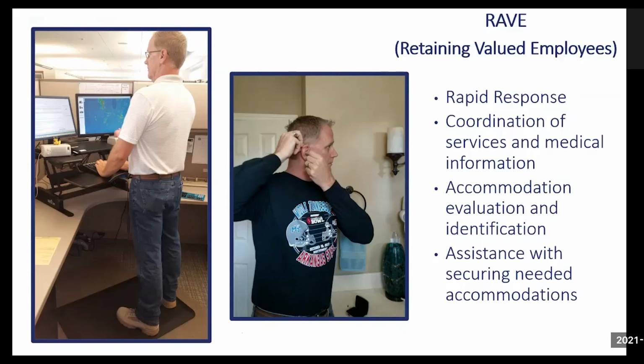As y'all can see right there on the left side, he is using an ergonomic workstation with an ergonomic mat, an ergonomic keyboard. He's got his monitors hooked up on the side, and he is changing from standing to sitting. He also, in the picture right next to him, is putting in a hearing aid. He gave presentations all of the time.